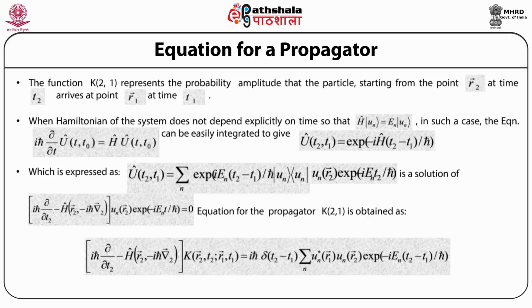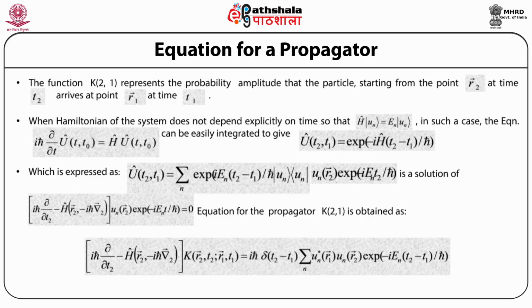and is given by the mathematical relation: the bra vector of the operator U acting as a function of time t and t0 on the state vector psi of t0, with the ket vector being the operator U of t and t0 acting on the state vector psi of t0.